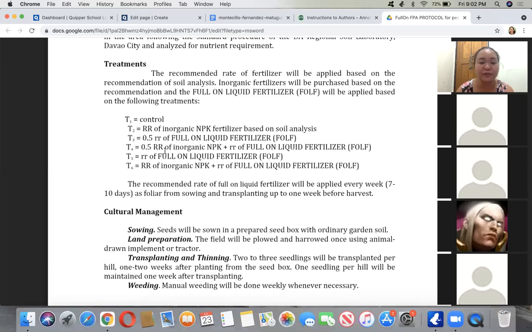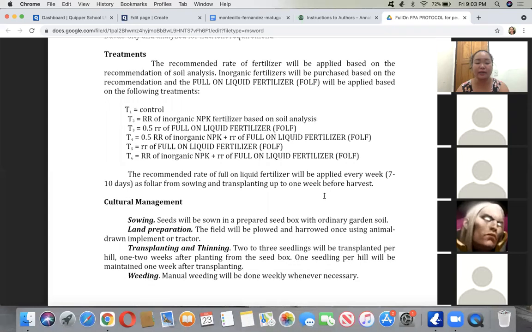And treatment 4, half recommended ng soil analysis na NPK at saka full naman na recommended rate ng liquid foliar fertilizer or FOLF na lang. And T5, the recommended rate na ng FOLF, and T6, combination of both. So as you will also state here, the recommended rate ng full-on FOLF will be applied every week or 7 to 10 days from sowing up to transplanting and up to 1 week before harvest.